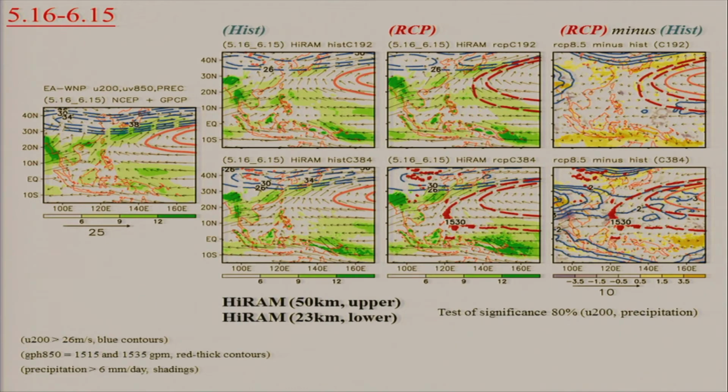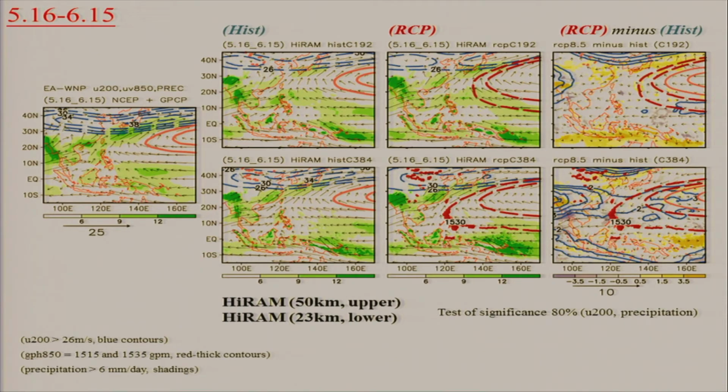For example, the strength of the jet stream is better simulated in the higher resolution compared with the lower resolution, as well as the circulation feature when you compare in detail. And in the RCP scenario, you can find a very different result from 50 kilometer compared with its higher resolution version.